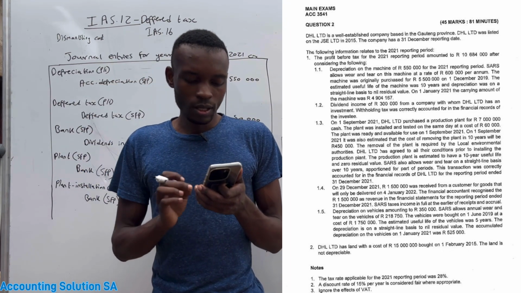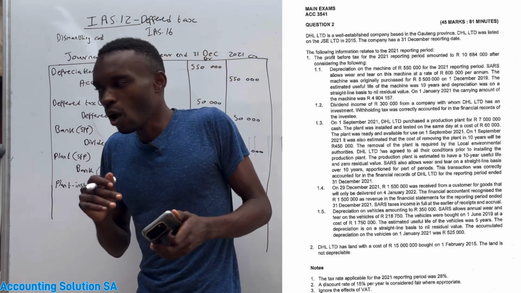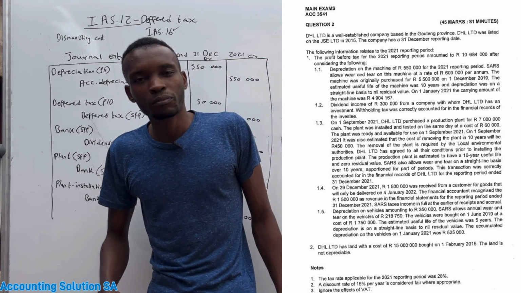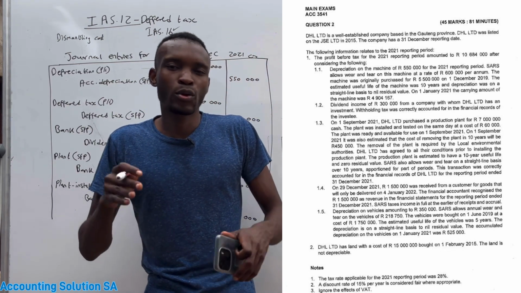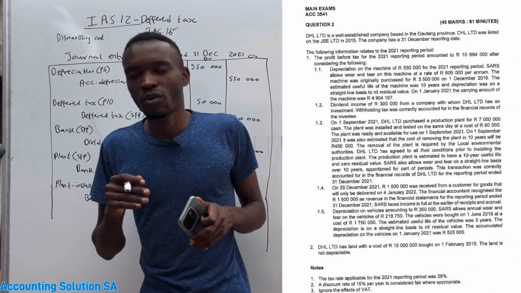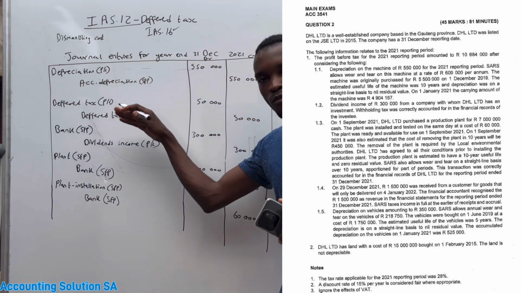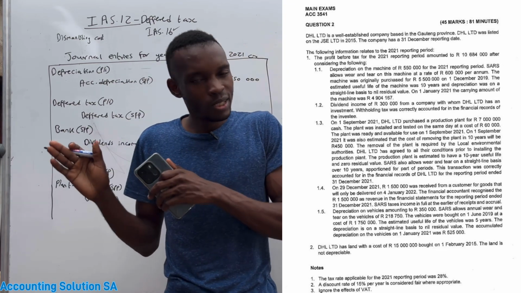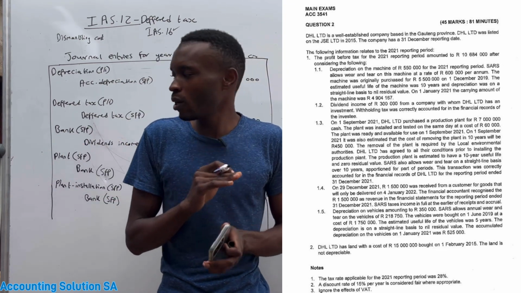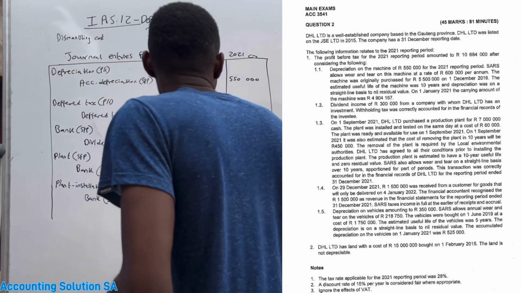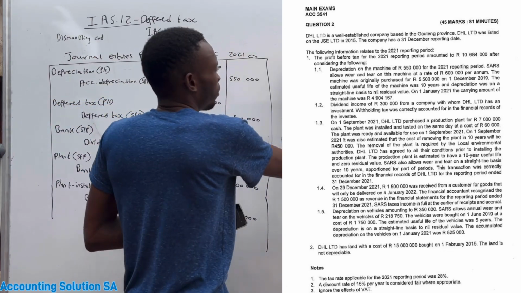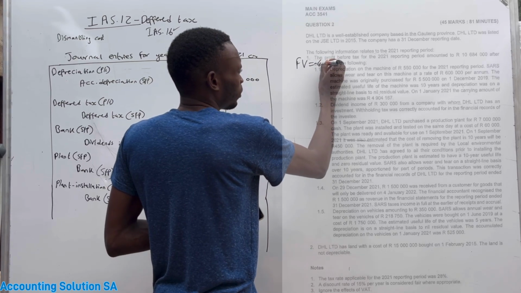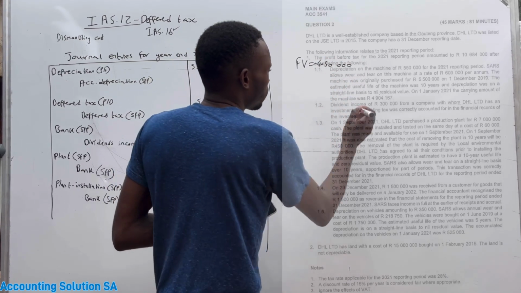Which means that this 450, now we have to go back to the principle of IAS 16. They said that interest is not allowed in terms of the cost price of a PPE item. Simply means that we also have to take out interest. In other words, this amount of 450 is a future value.